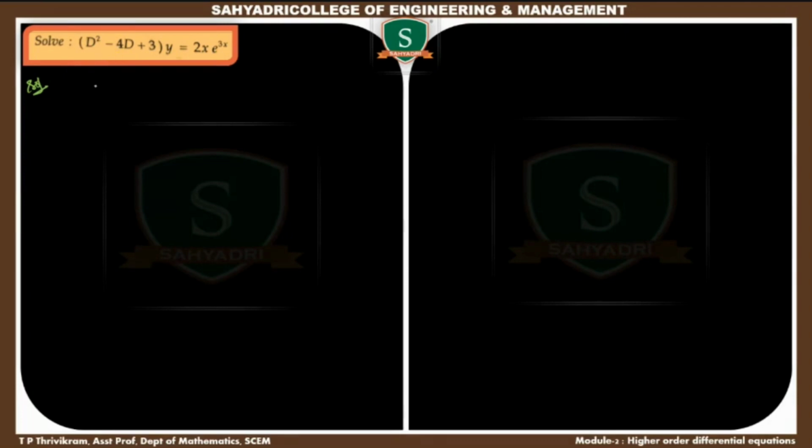Okay, here they are given (D square minus 4D plus 3) y equal to 2x e power 3x. Now what we need to do is find the complementary solution first.